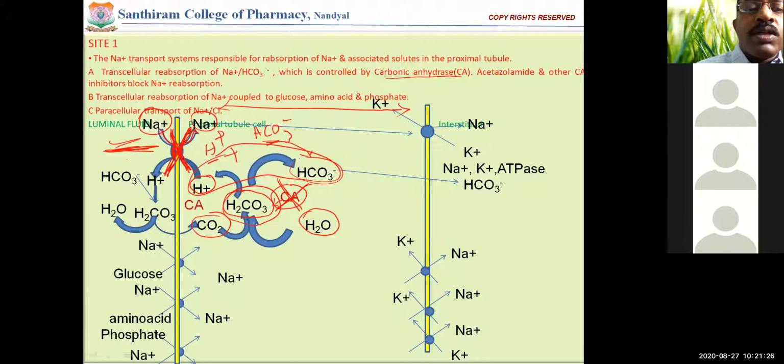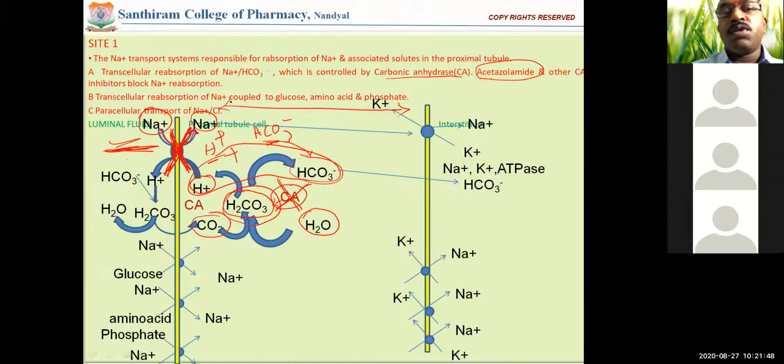And during the excretion of H+ ion, no sodium ions will be reabsorbed. So thereby the reabsorption of sodium ions can be prevented. An example in this class is acetazolamide, one drug which is responsible for the inhibition of carbonic anhydrase.